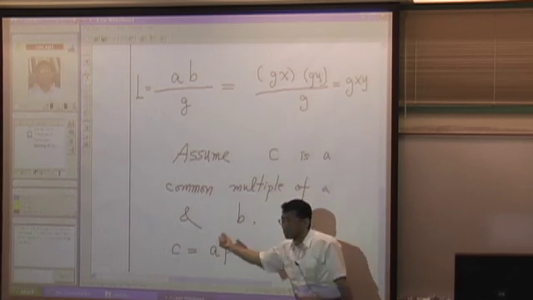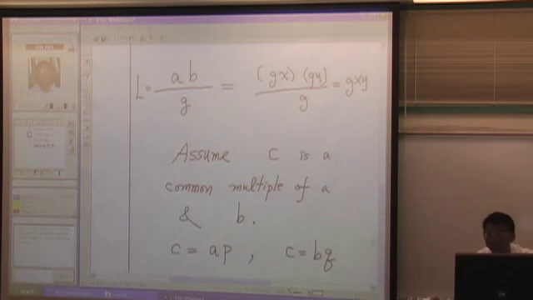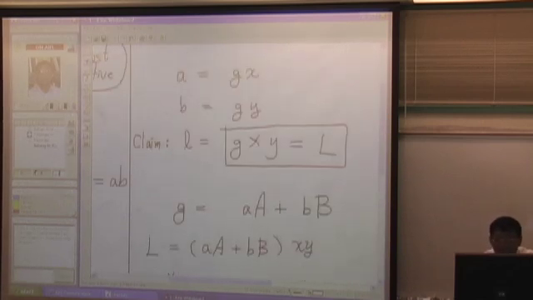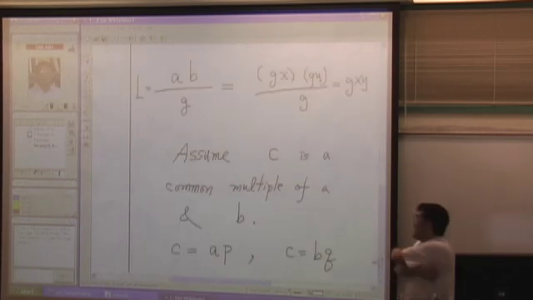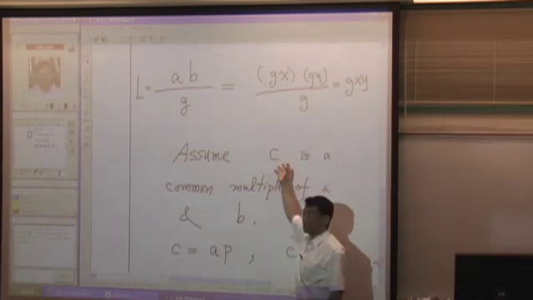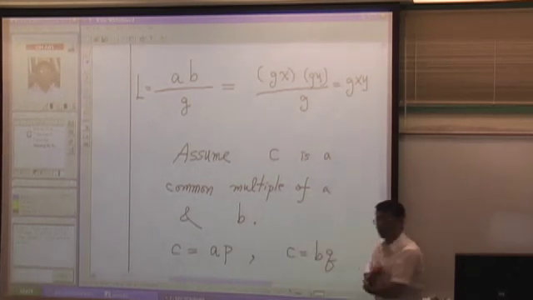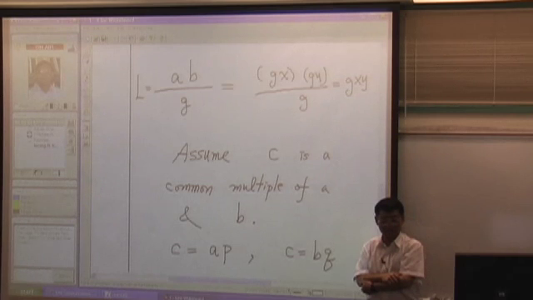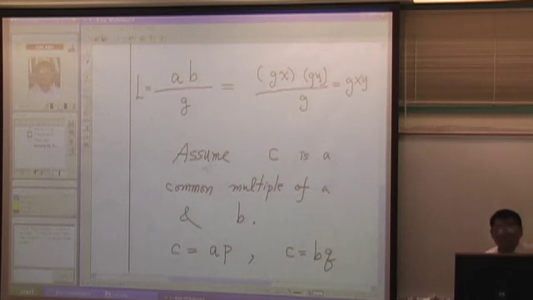I will show that C is greater than or equal to L. So the key part here is the proof of this thing. This L is the smallest possible one, meaning it becomes LCM. Then we are done. So this part is the one that I want to show you. And to show that, I will use a technical thing, right? Assume that C is the common multiple of the two. Then you use this, I will create bigger GCD, or the same GCD, right? So I will pause and then go to the next page.